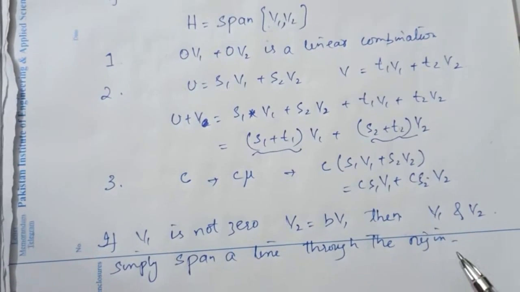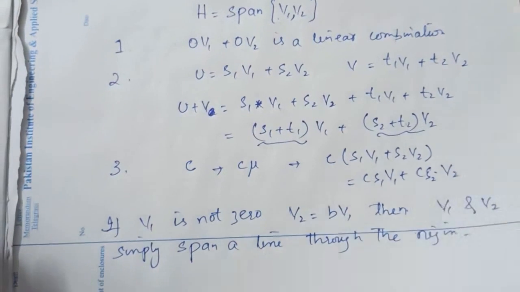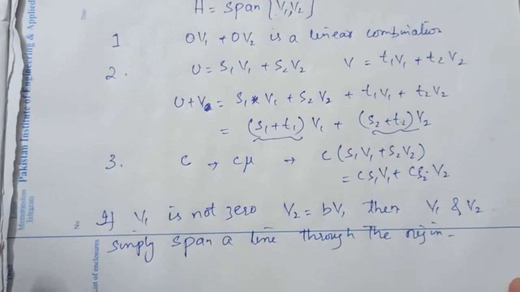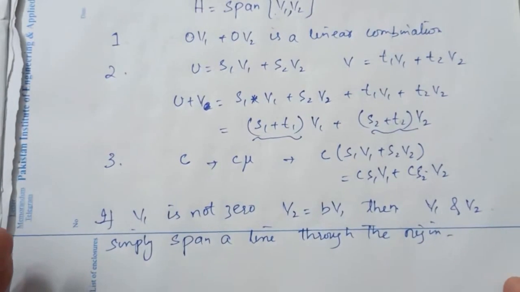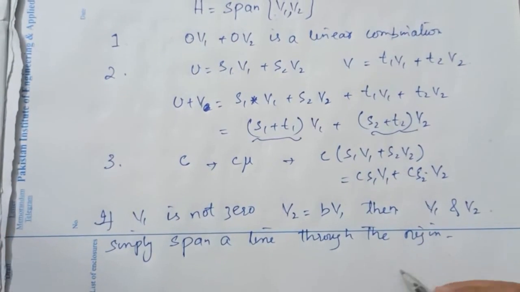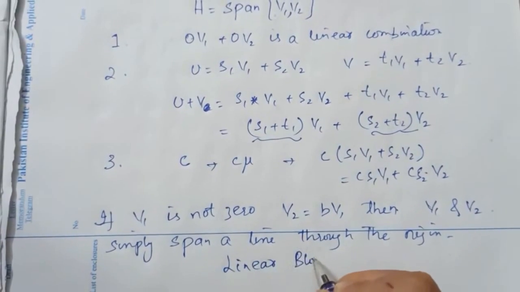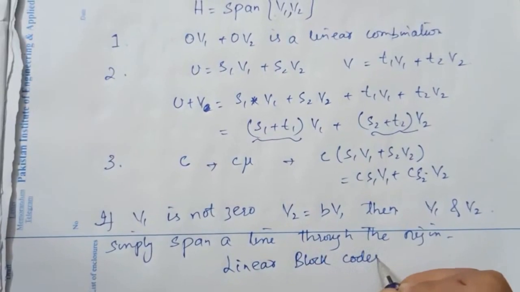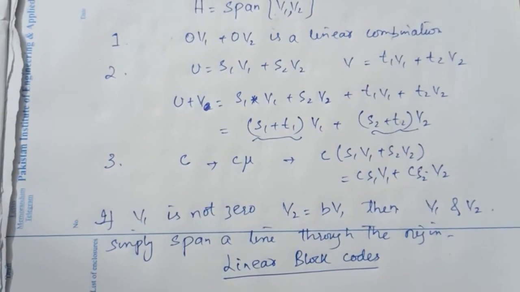The question you should probably be asking is why we need to look at subspaces. One very good application of subspaces is linear block codes, and we often use that to transmit signals.